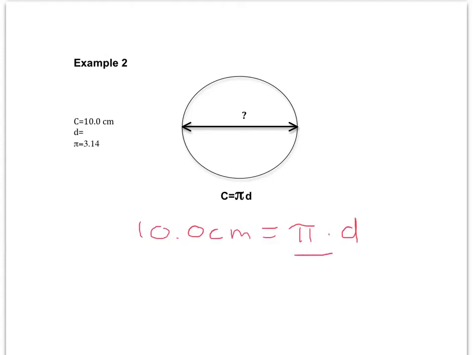So how we're going to do that is we're going to divide by pi and divide by pi, which gives us a diameter equal to 3.2. And again, it's important to include the unit of measurement, and we've rounded to 1 decimal place because our circumference was given to 1 decimal place.